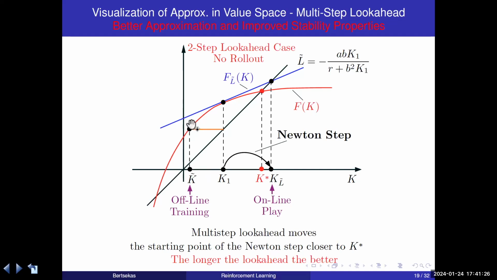So instead of going here and then linearizing, we do a value iteration first and then linearize. And that gives us the cost function of the look ahead policy, the two-step look ahead policy. It is a Newton step, but not starting from K tilde, starting from the point K1, which is an enhancement of K tilde. It has been enhanced by a value iteration.